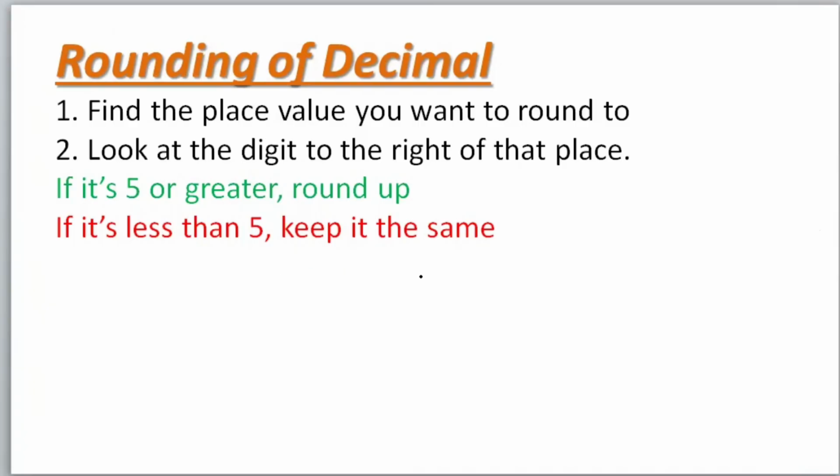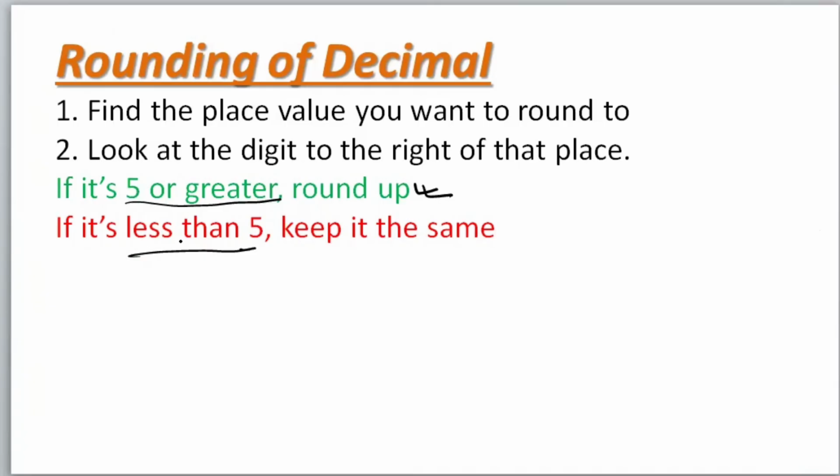Then you have to look to its right side. And if it is 5 or greater, then we have to round it up. Okay, but if it's less than 5, keep it the same, means there will be no change in it.